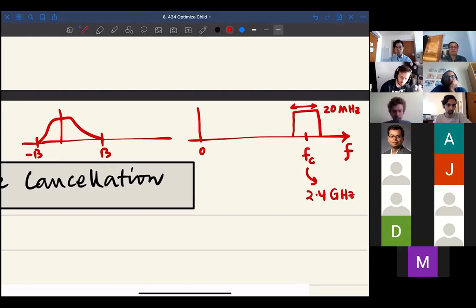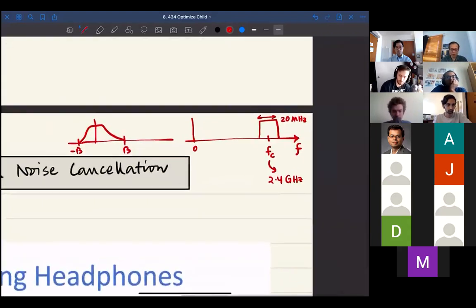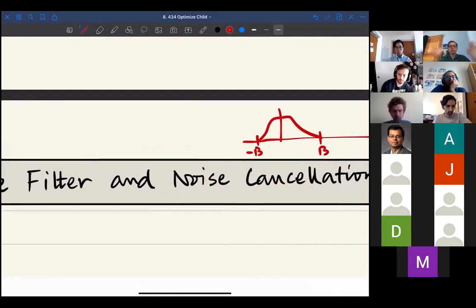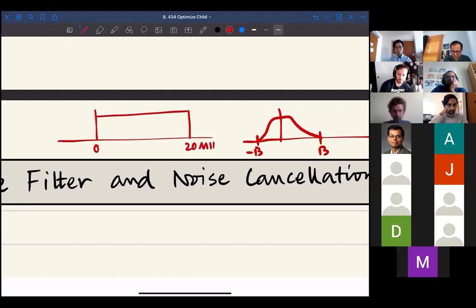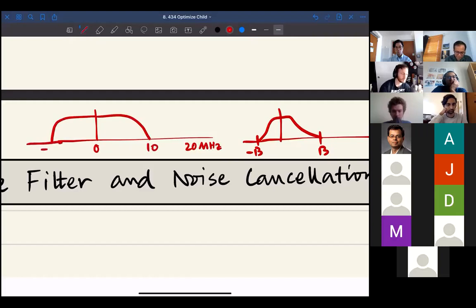So if you think of Wi-Fi transmits on a 20 megahertz bandwidth, that means Wi-Fi is like that, 0 to 20 megahertz. So instead of that, you can think of it as this is Wi-Fi.